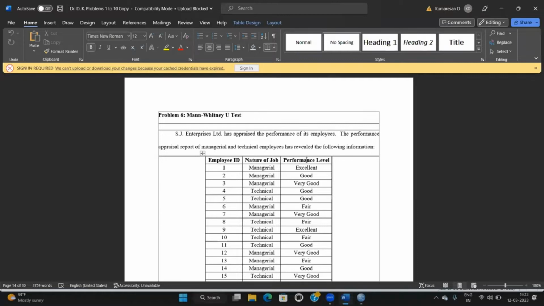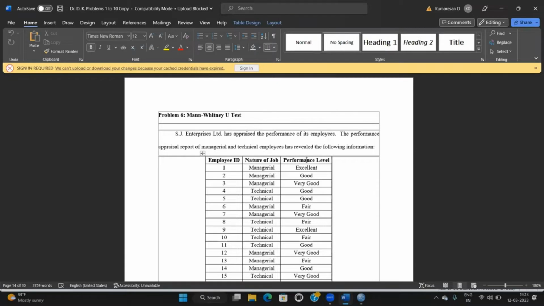Earlier, Ola and fast track; here, managerial and technical. The difference is that in the previous case we were given real values, that is scale data, but here ordinal data is given.